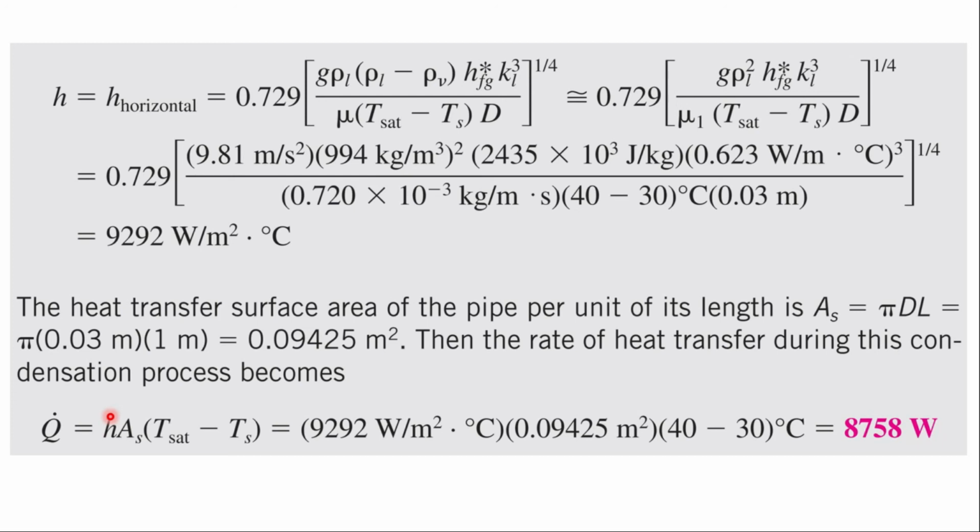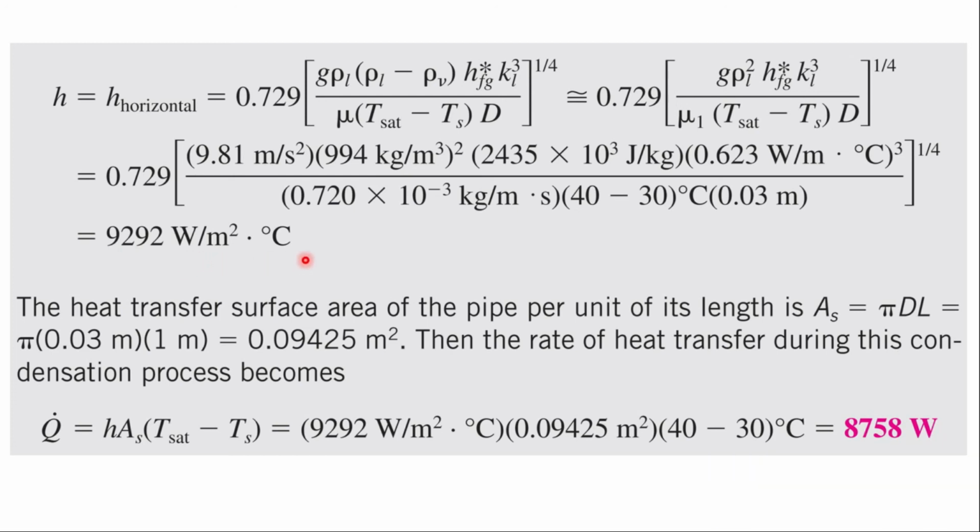Everything is given: the gravitational constant, the density of the liquid and the vapors, modified latent heat of vaporization, thermal conductivity, diameter, viscosity, saturation temperature, and surface temperature. After putting the values in this formula, you can get the value of the convective heat transfer coefficient, which is 9292 watt per meter square per degree centigrade.